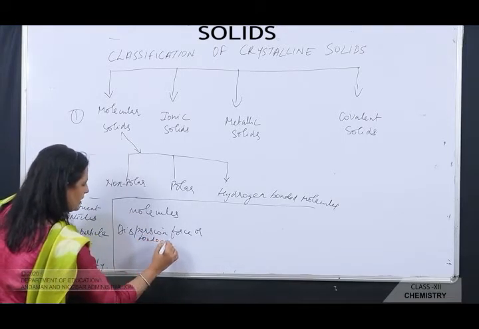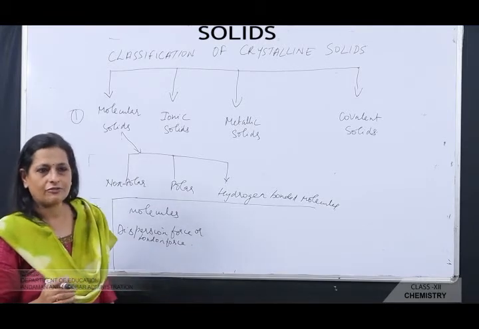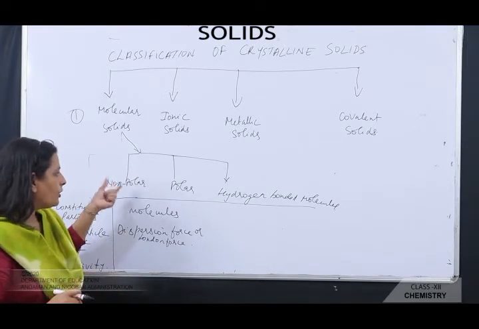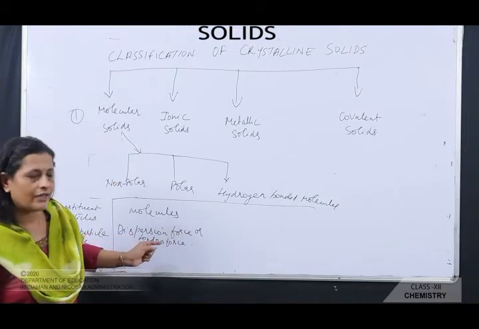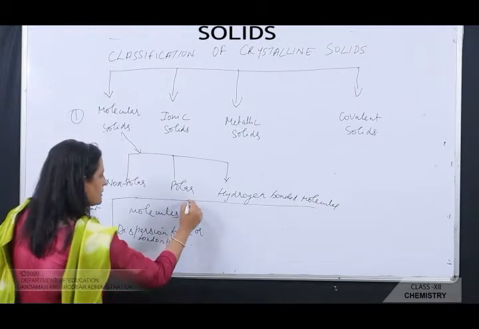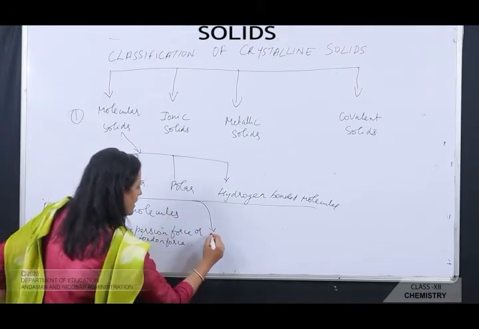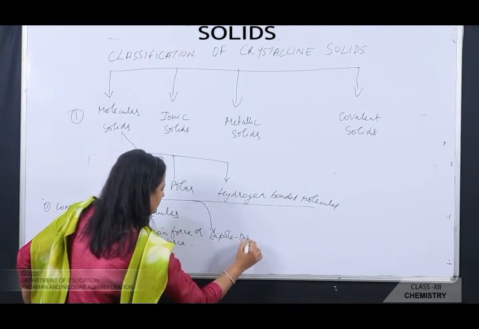This you have studied in class 11, different types of intermolecular force of attraction. The intermolecular force of attraction existing between non-polar molecules is known as dispersion force or London force, which is a very weak force. Now in case of polar molecules, the intermolecular force of attraction is what? Dipole-dipole interaction.